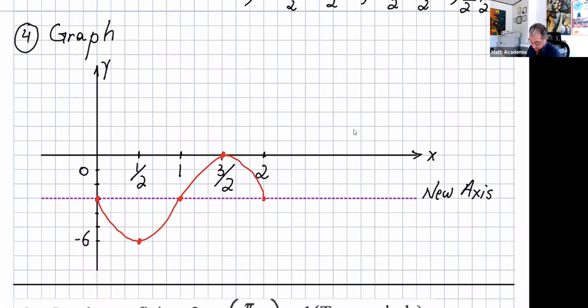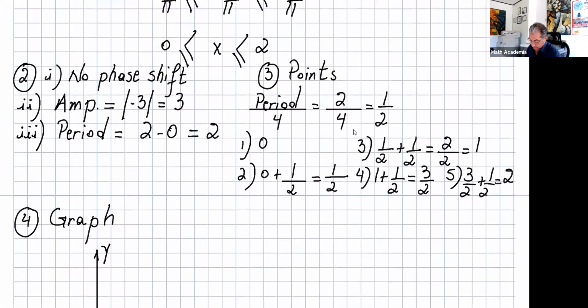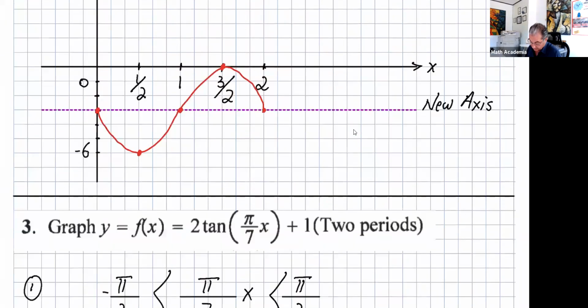So negative 3, I have it here. Then check the amplitude. The amplitude is 3. That means the graph is going to go up and down 3 from the new axis. Up 3 is 0, I put it here, and down 3 is negative 6. Basically, now we know the graph is going to oscillate between 0 and negative 6.